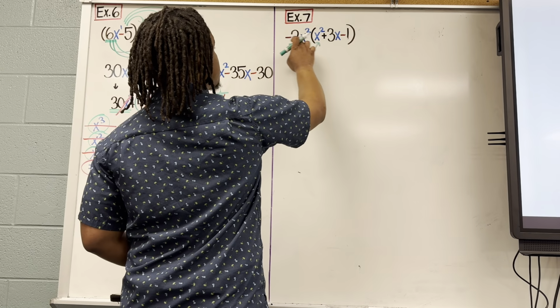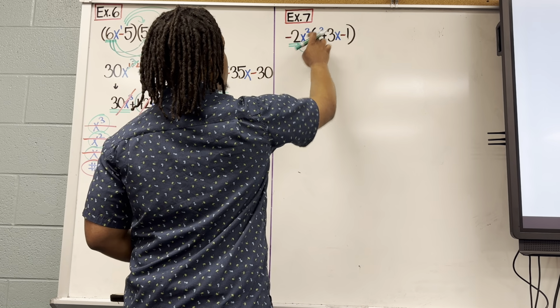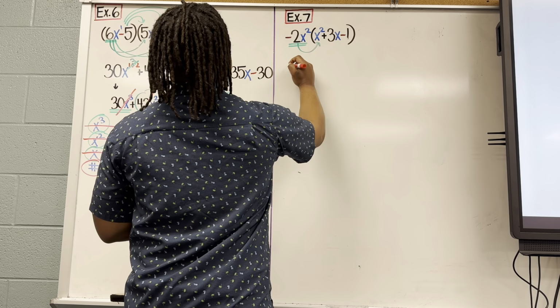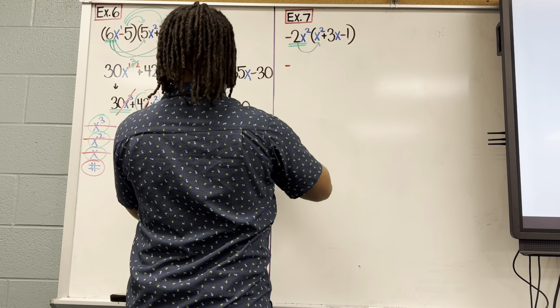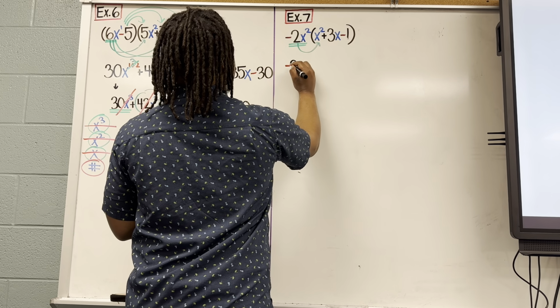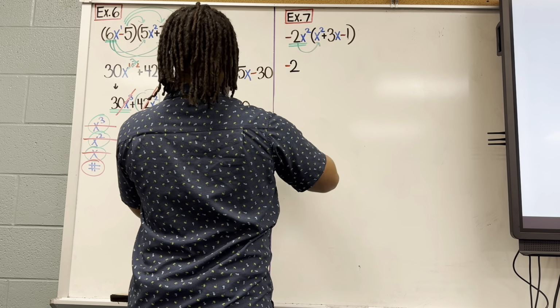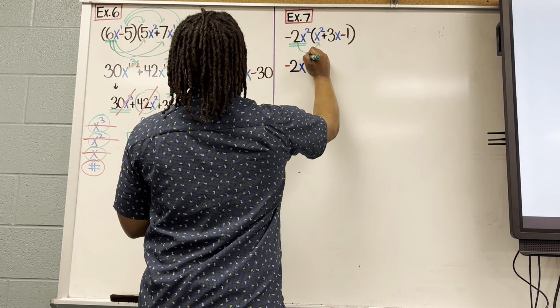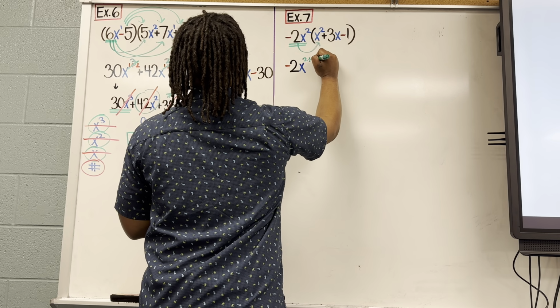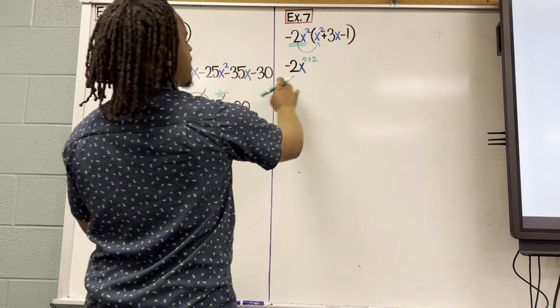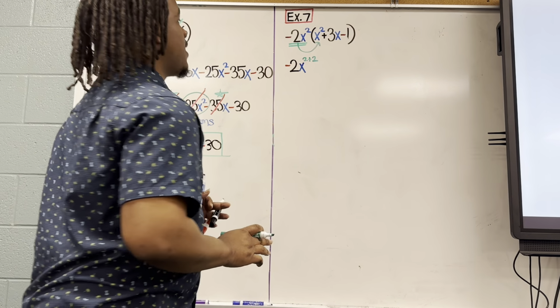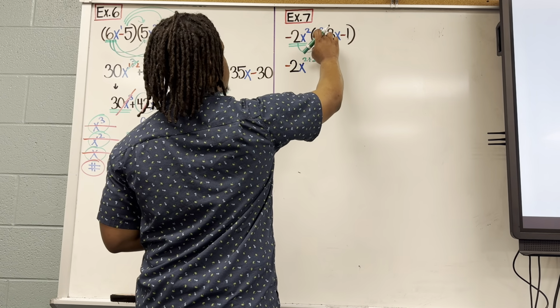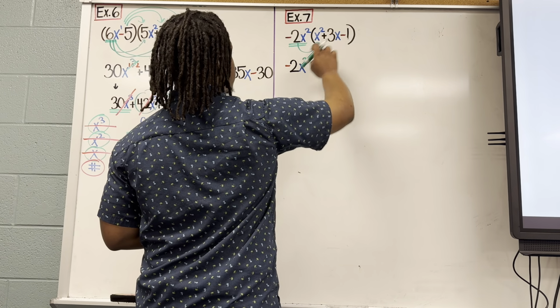So, negative 2x squared times x squared is actually negative 2x to the 2 plus 2 power. I just want to write it like that, guys, so we can see, right? Because it's to the power of 2 times the power of 2, so I would have to add these two powers together. So I just want to write it like that so you can see.